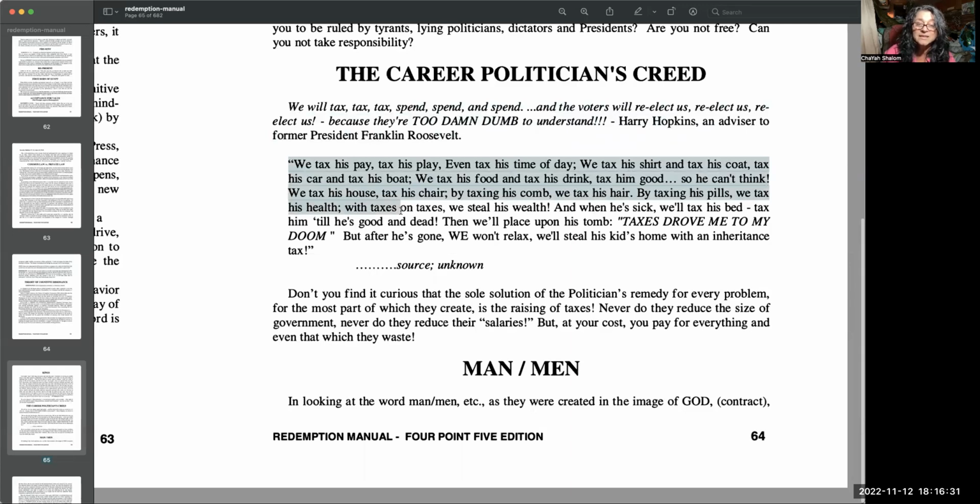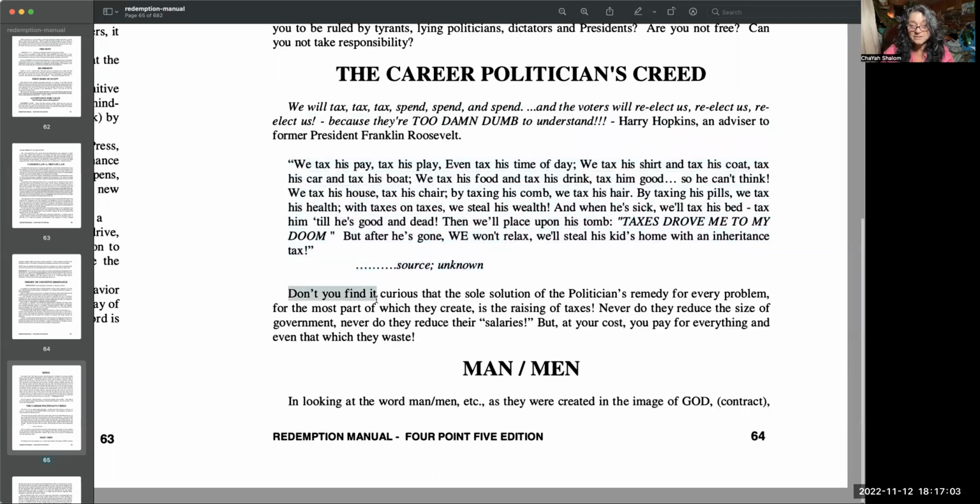With taxes on taxes, we steal his wealth. And when he's sick, we'll tax his bed. Tax him till he's good and dead. Then we'll place upon his tomb, taxes drove me to my doom. But after he's gone, we won't relax. We'll steal his kids' home with an inheritance tax. Yeah, this sounds just like a Dr. Seuss book, man. That's pretty good.